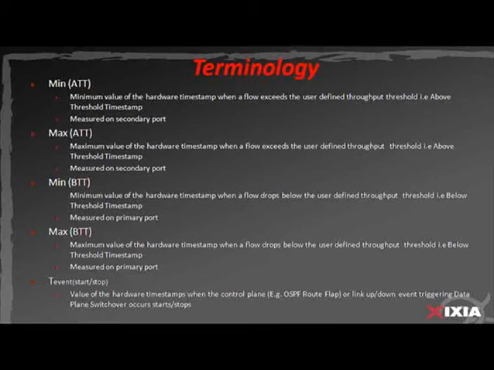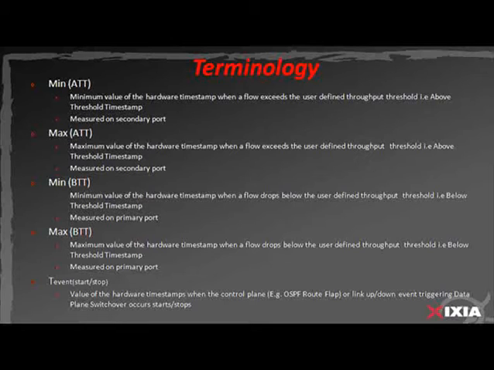This measurement is performed on the secondary port because the secondary port is what is receiving traffic when the traffic is ramping up from a primary to a secondary port and it exceeds the threshold timestamp. The second value, which is the max ATT, is the maximum value of the hardware timestamp when a flow exceeds the user-defined throughput threshold. That is the above threshold timestamp measured again on the secondary port.